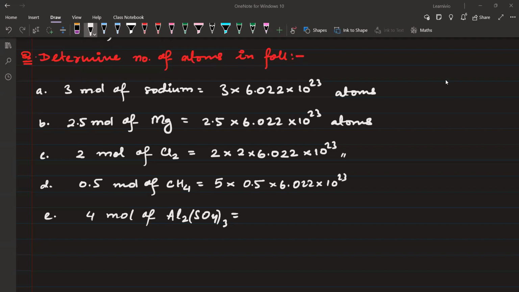No, Zainab. No. Try once again. See how many atoms, divided. Do it separately. How many atoms of aluminium will be there? How many atoms of sulfur? How many atoms of oxygen will be there in total?